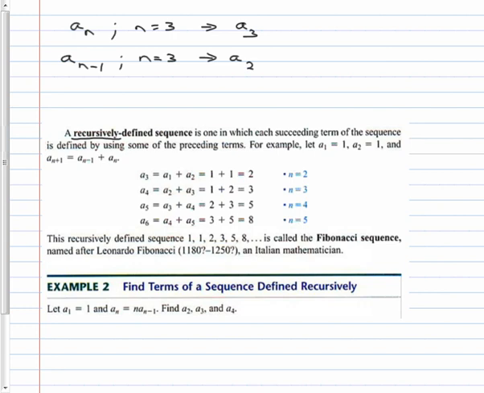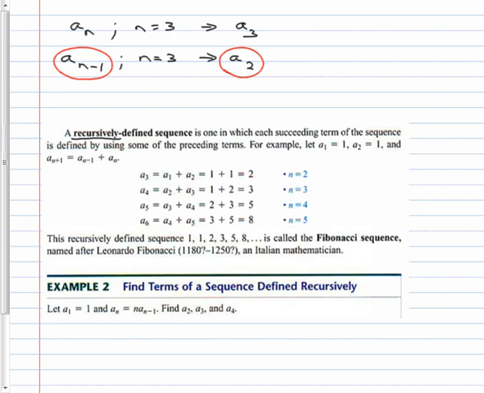Now I want you to understand the general meaning of a sub n minus 1. It means the term 1 previous to the nth term. If I started out with n being 3, then a sub n minus 1 is a sub 2, the term 1 previous.